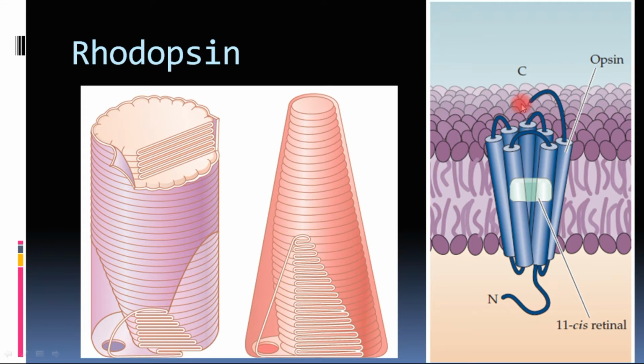It is an integral protein present in the disc-like extension of the cell membrane. So this is rhodopsin.